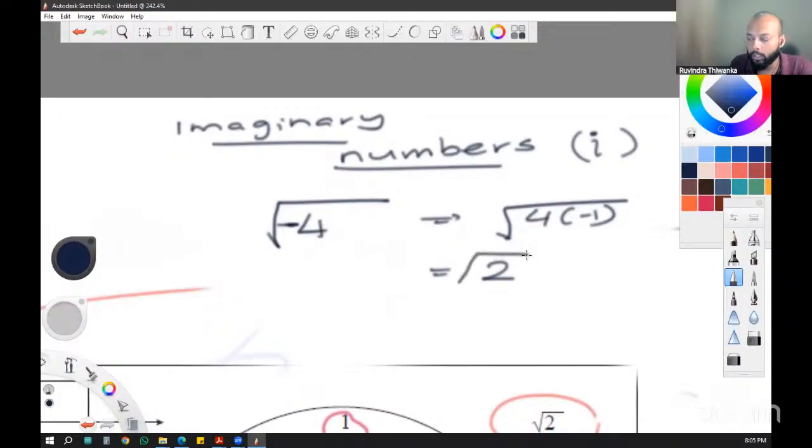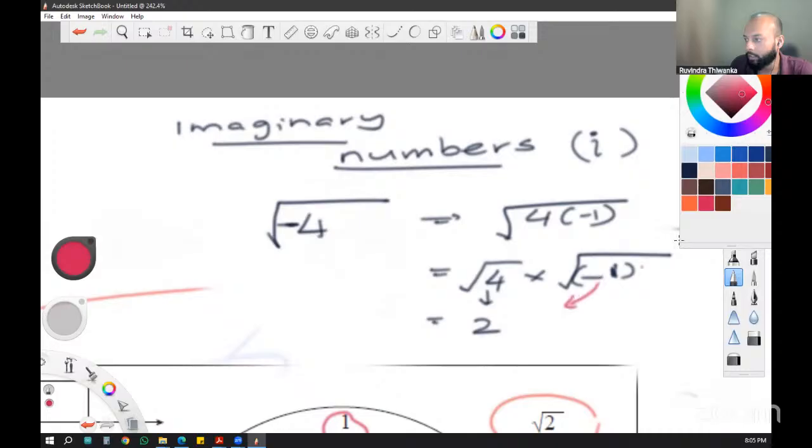So we can write this as root 4 times root of minus 1. The 4 becomes 2, and the square root of minus 1 becomes i.